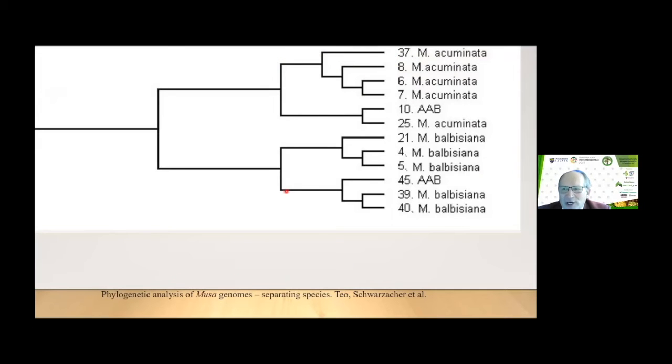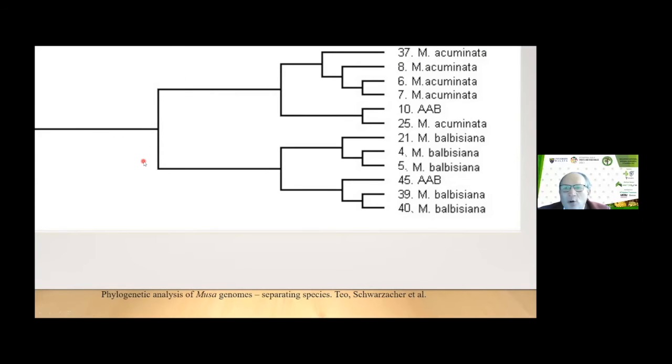But then that's showing here how we can build up a phylogenetic tree. I showed in an early slide the complete phylogenetic tree of all plants. Now we're just looking at the bottom of that tree, just at the separation of Musa balbisiana and Musa acuminata, based on DNA genetic markers.